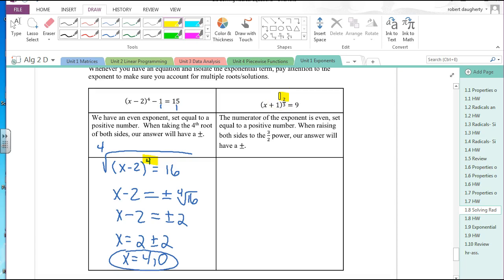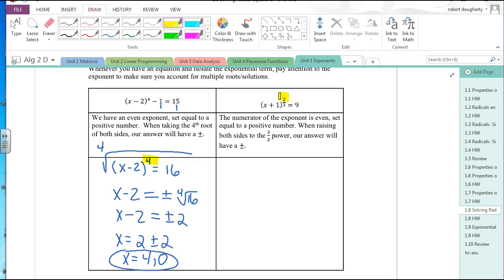I've got x plus 1 to the 2/3. 2/3 is a fraction, so it's not an even integer. But what you need to look at is the numerator. The numerator is a 2. Is that even or odd? 2 is what? Even. When I see an even exponent as the numerator, I will have a plus or minus as my answer.